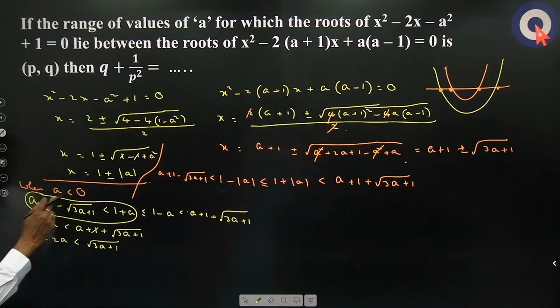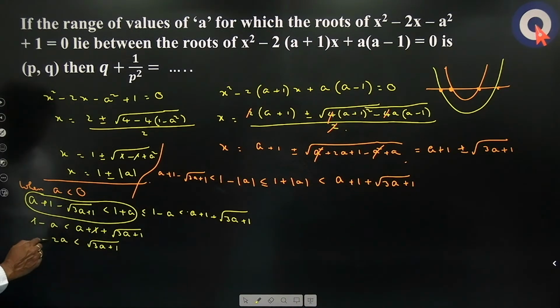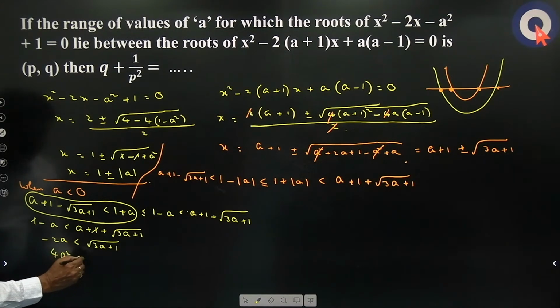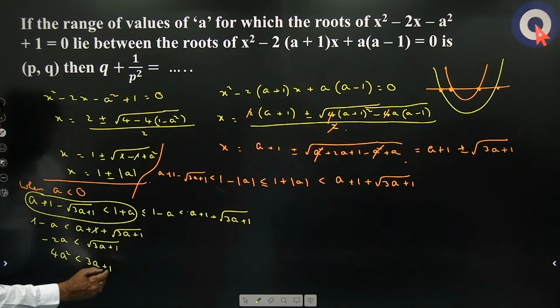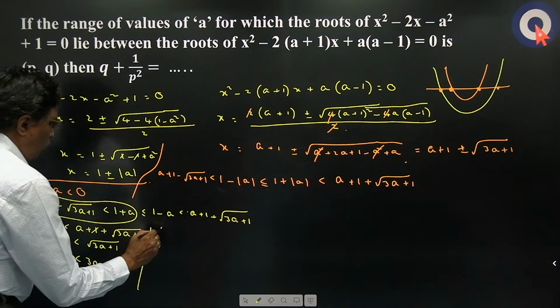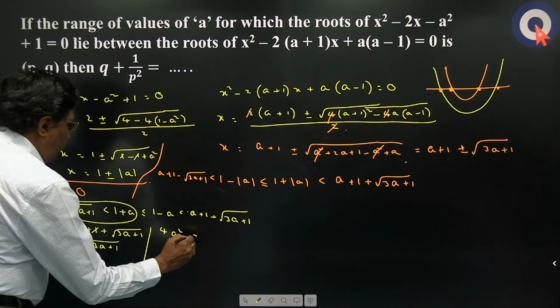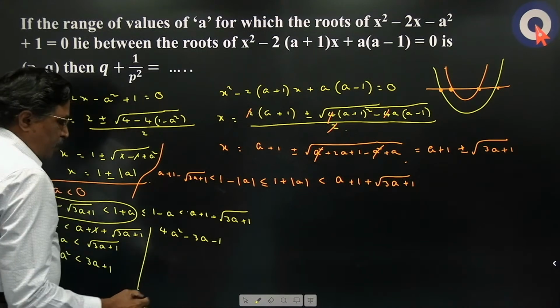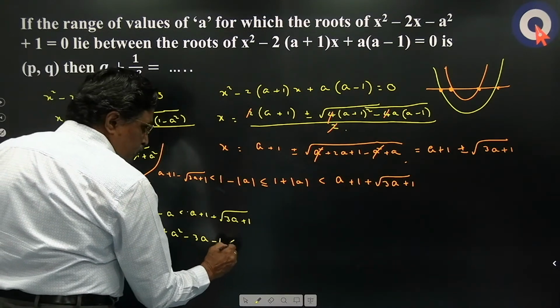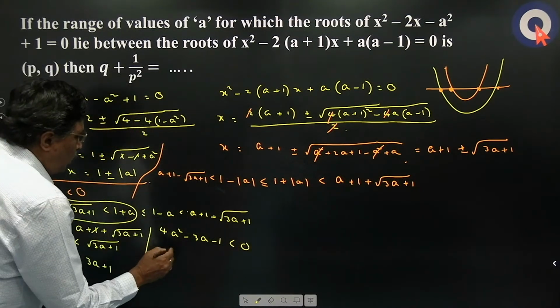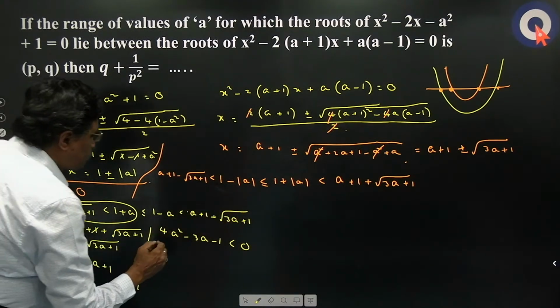Now, since a is negative, minus 2a is positive, and the right side anyway is positive. So therefore, we can square it on both sides. So 4a square is less than 3a plus 1. So that means we are getting 4a square minus 3a minus 1 is less than 0.